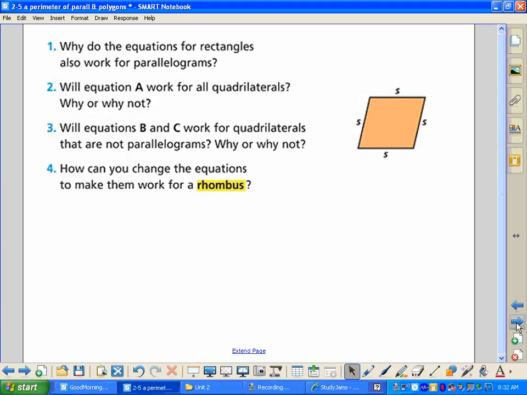Okay, why do the equations for rectangles also work for parallelograms? Why does it work? Talk to your partner. Why do the equations for both parallelograms and rectangles work?